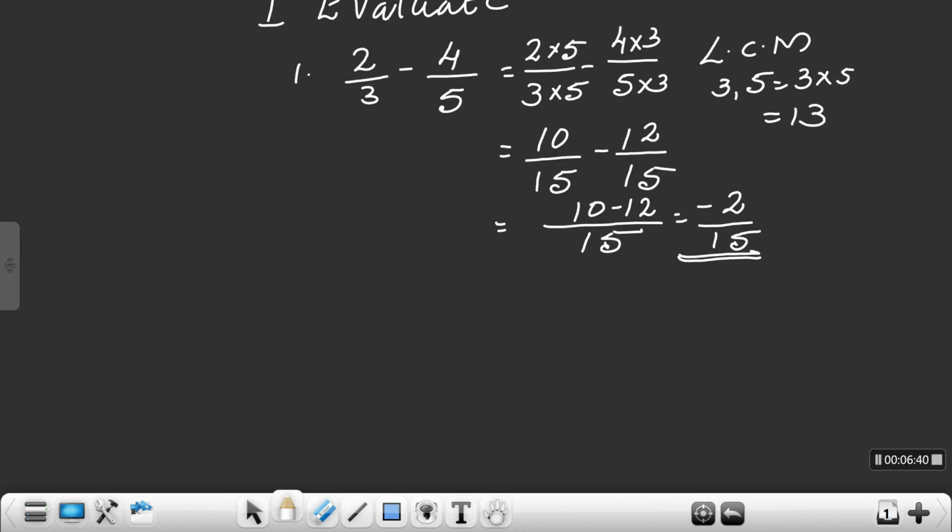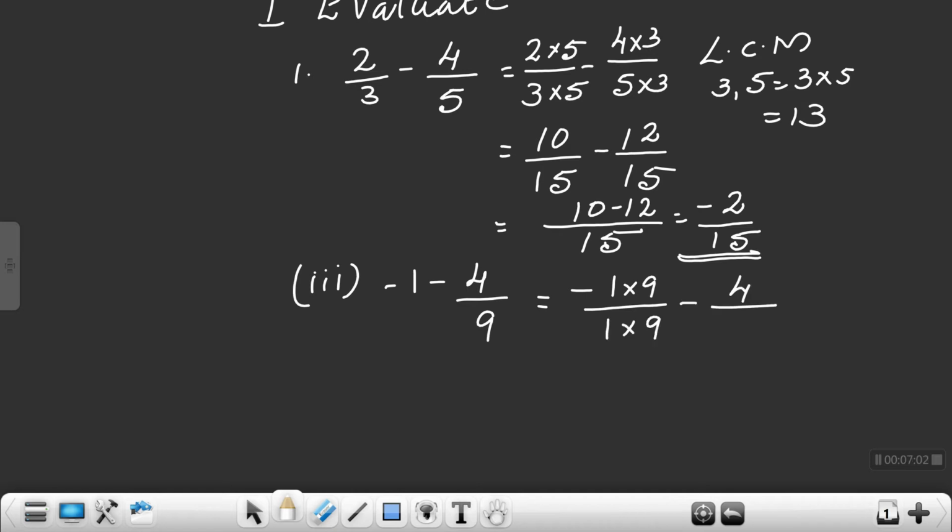Question number 3. Negative 1 minus 4 by 9. Here we can see that 1 has no denominator, so multiply both the numerator and the denominator of 1 by 9.